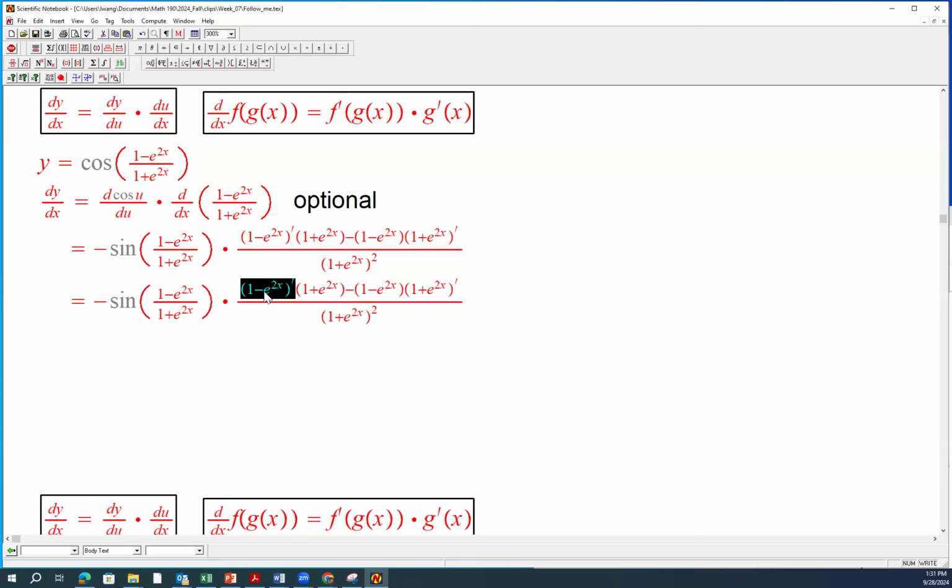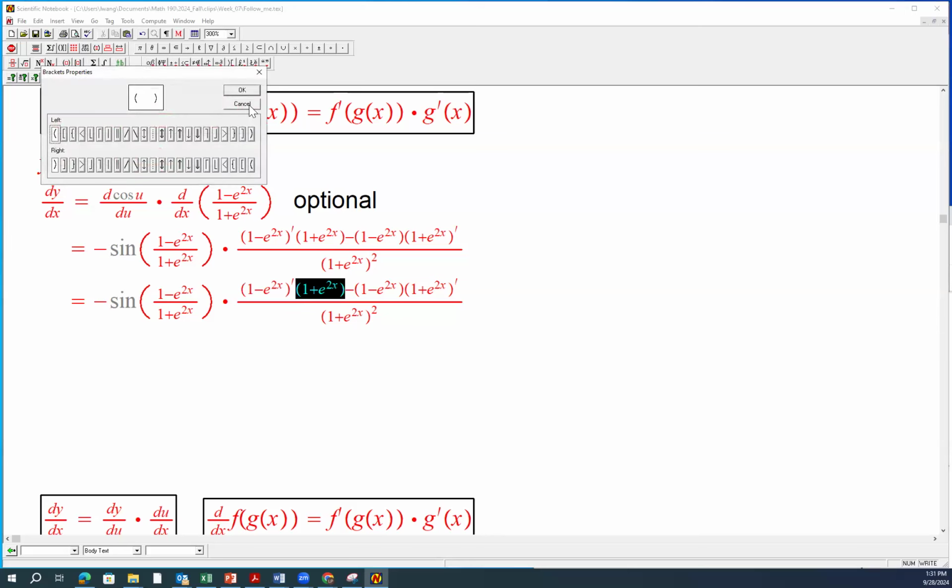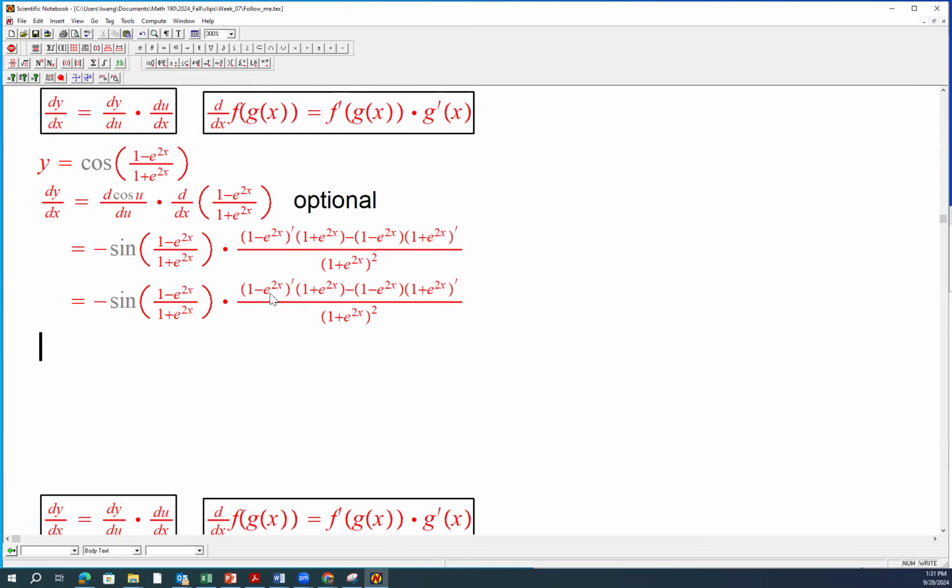So we just focus on the derivative of this part. When we differentiate 1 minus e to the power 2x, that's difference of derivative and also chain rule. And the derivative of 1 is 0, right? And the derivative of e to the power of 2x, right? So let me put it on the side, pretending this is our scratch paper.